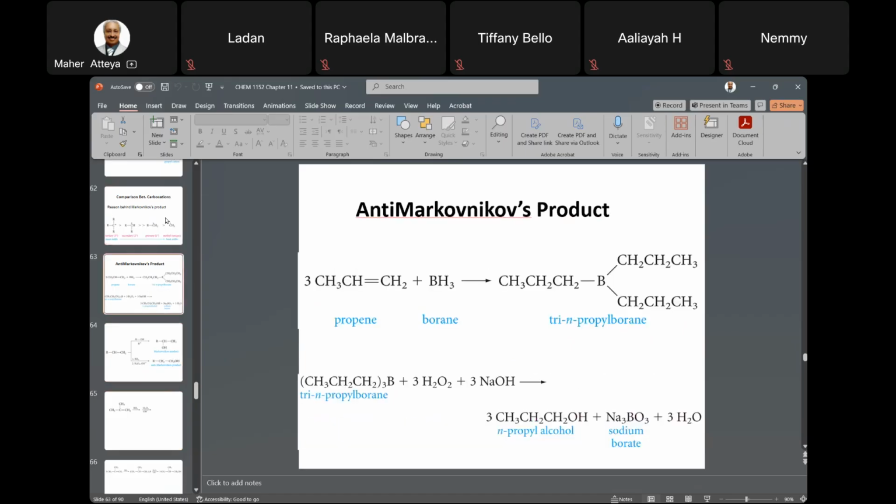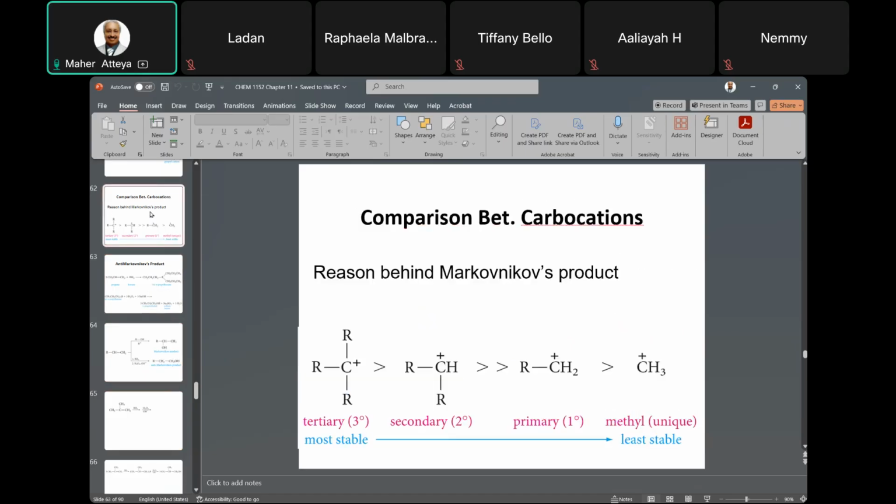Okay, now, I have a question. On the exams, are we going to have to find the products of those reactions? Well, yes, and the good thing is you'll get all the multiple choices, so it will not be difficult.